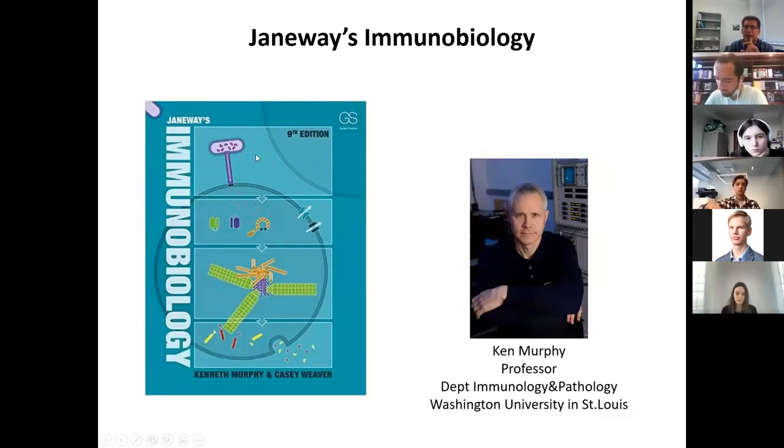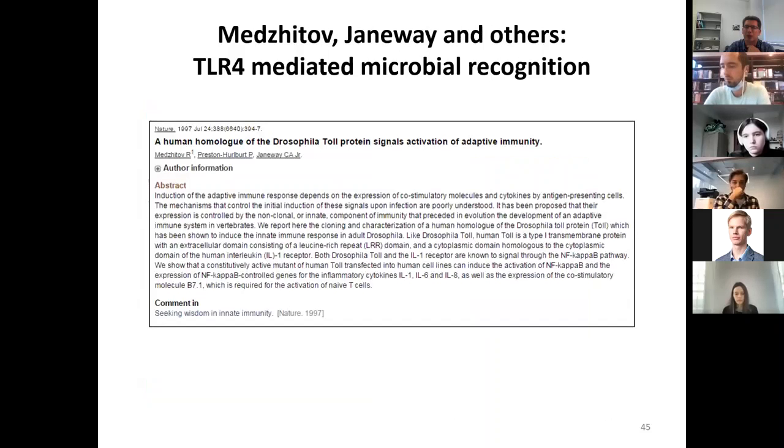This is a textbook of immunobiology whose author now, because Janeway passed away, is Ken Murphy, one of the leading encyclopedic-knowledge scientists in immunology, and he also happens to be a colleague of mine in the Washington University Immunology department.